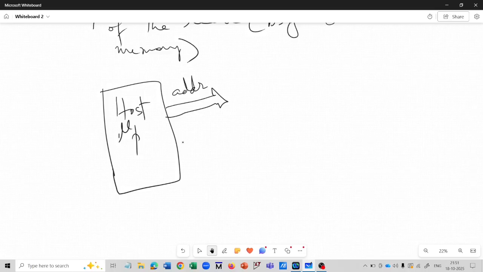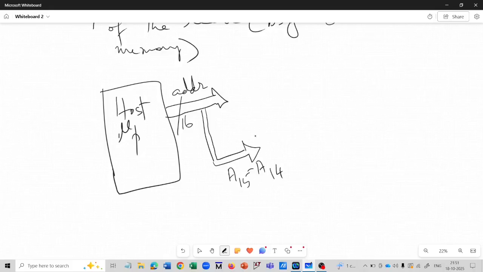And how does the processor distinguish between all these devices? Typically, some of the higher order address bits, let us say we have a 16-bit address. So maybe addresses, I'm just giving you an illustration, maybe addresses A15 and say A14, the most significant 2 bits of the address will be used for selecting the device. So we have 2 bits in this case. That means we can select 4 devices.